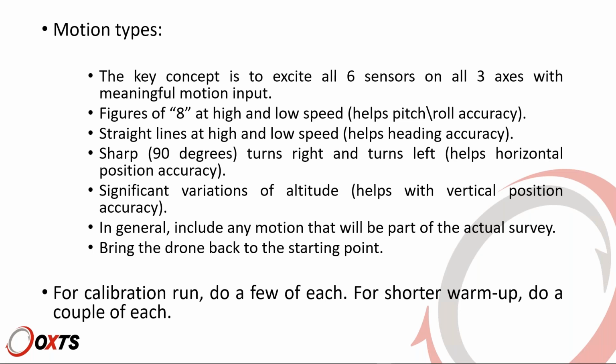Sharp 90 degree turns in both directions will help horizontal position accuracy, and variations of altitude, which should be fairly easy to do with a drone, for vertical position accuracy. Any kind of motion that you can think of that will be part of your survey, that is not included in the above, include it in the warm-up, because you want to prepare the system to cope with that kind of motion. At the end of the warm-up, bring the drone back to the starting point.